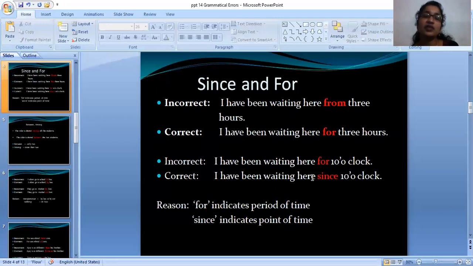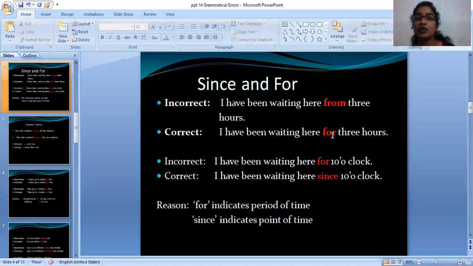What is the actual reason behind it? In this set of sentences we are using for and since, right? So when you use for, you have to mention the period of time of the action, how long the action has been continued.